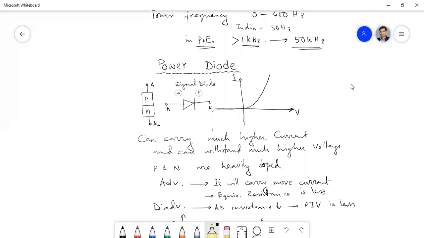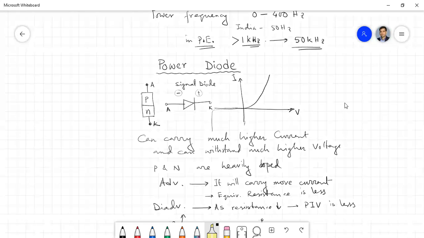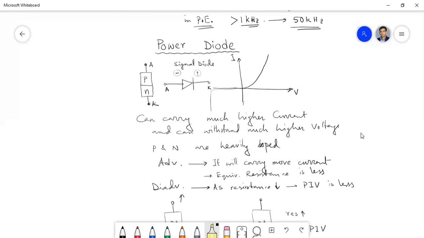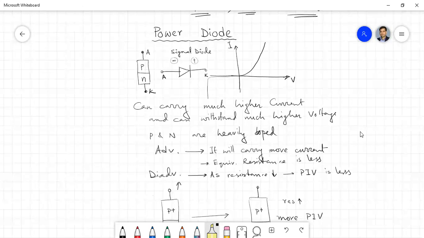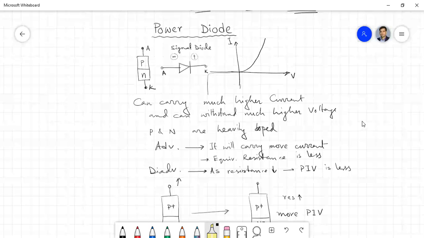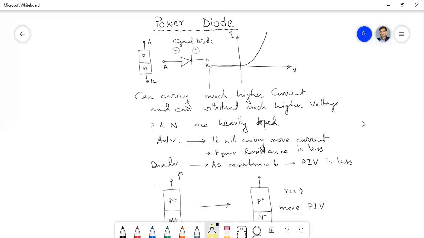It is made for very high current, and as it has to carry very high current, the problem is that to give this feature, we have to increase the doping level of both P and N substrate in the PN junction. That will result in a very small PIV.